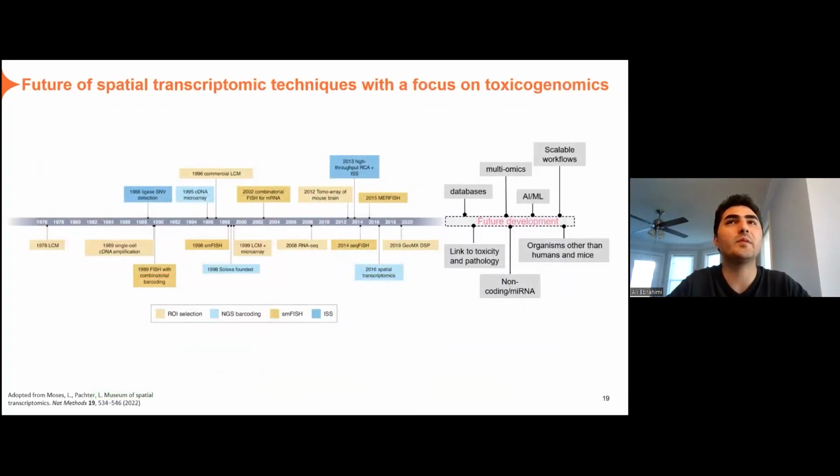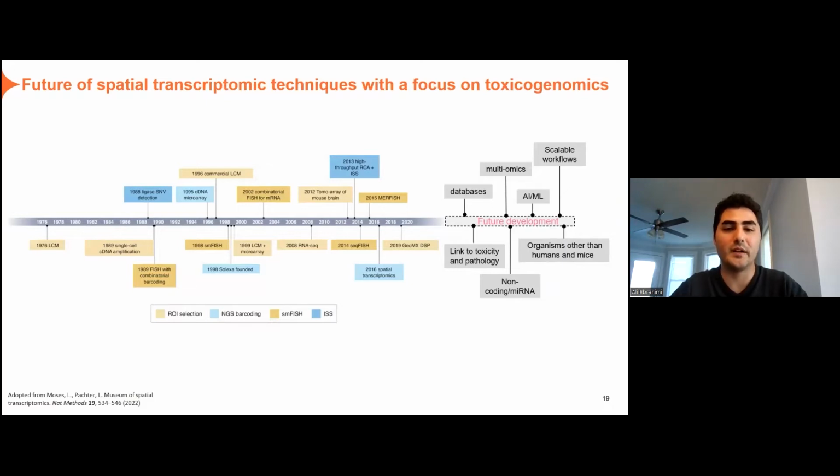Another aspect that I wanted to talk about is what directions we think would be necessary to make these technologies applicable for toxicogenomics in general. I think the databases are one of the major bottlenecks. The data are limited, but even those limited data are not as accessible as they should be.